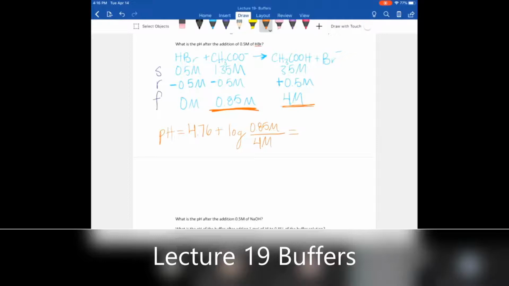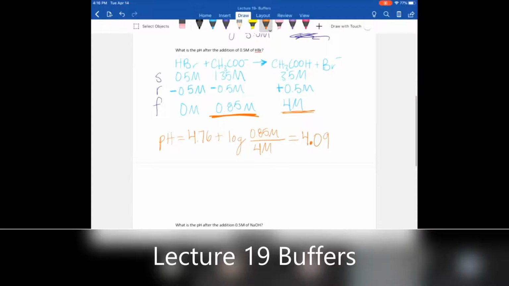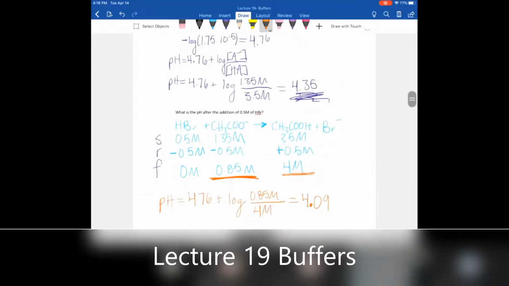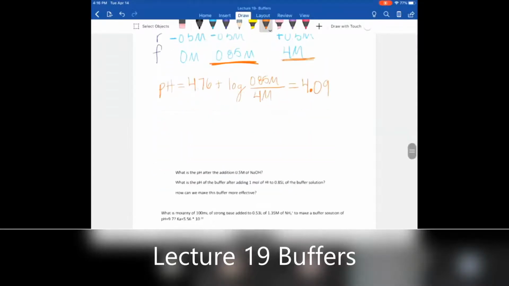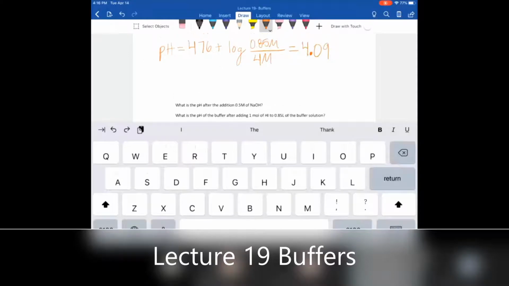And that will equal 4.08, or 0.9 is probably better. And this makes sense because the pH of your buffer was 4.35. So that means the pH after adding acid should be lower. So again, if you ever want to verify, did I do that correctly? Check your pH. Does this make sense?